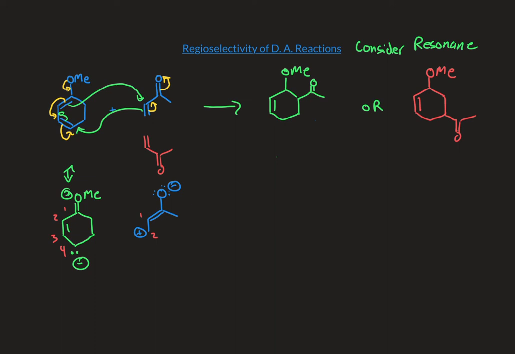So this is the major product, where this is carbon 1, 2, 3, and 4, and this is carbon 1 and 2 of the dienophile. And so we wind up with a bond between carbon 4 of the diene and carbon 2 of the dienophile, because carbon 4 had a negative charge and carbon 2 had a positive charge.